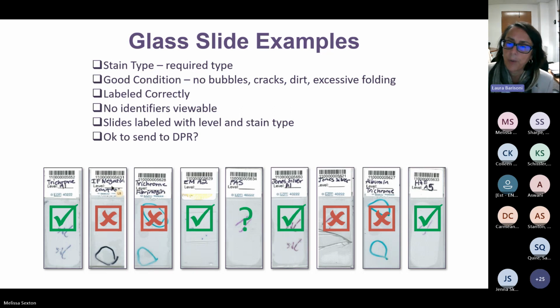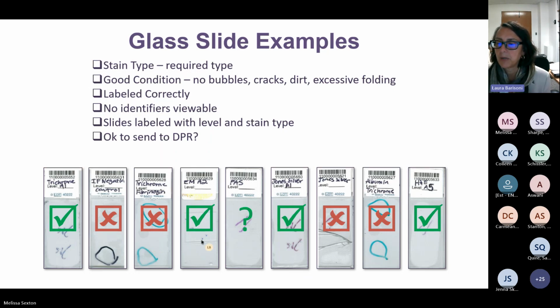And also, because it says IF negative, it also says fibrinogen. Fibrinogen is a type of stain for immunofluorescence. For some reason, this is also super bad because it also says trichrome, which makes no sense, so that can trick you. But the fact that you have fibrinogen, the fact that you have this round circle, and that you cannot see the section, this is a slide that we do not want.